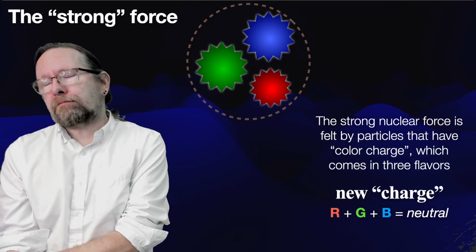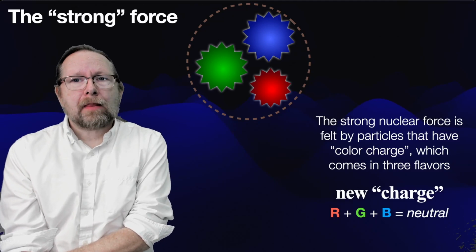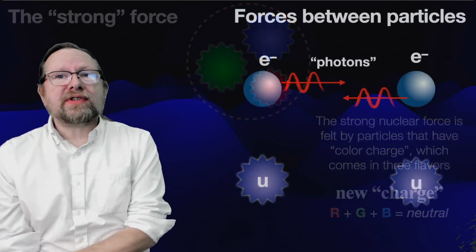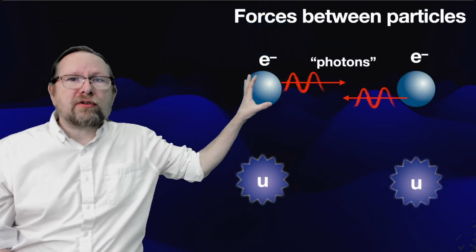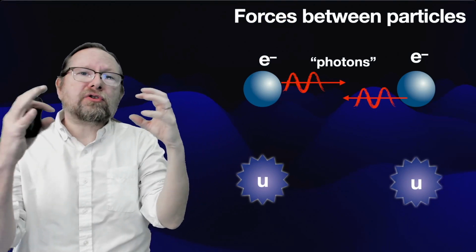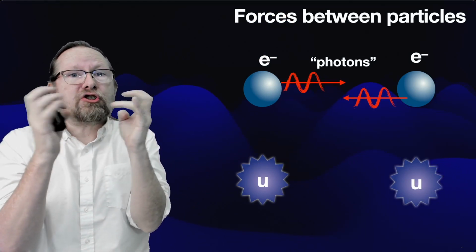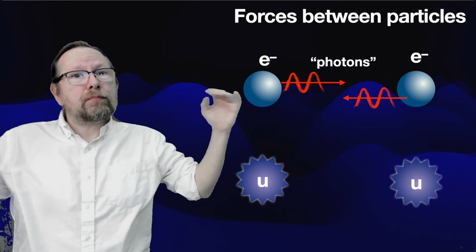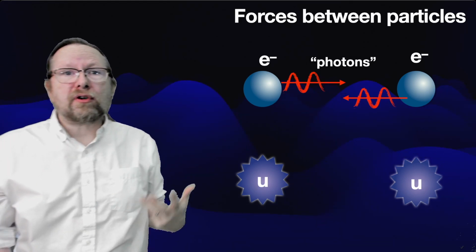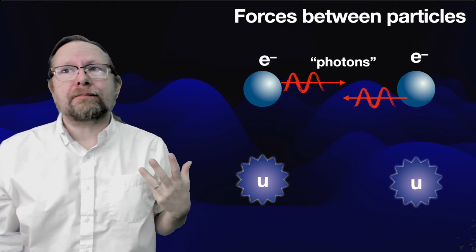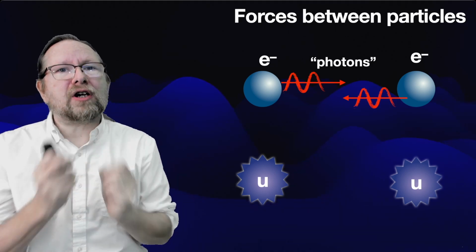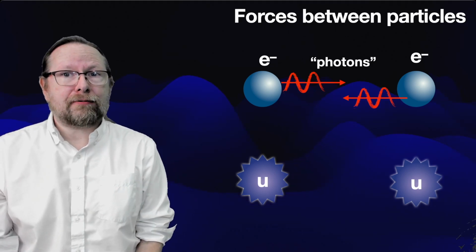Okay? Now, how does this force work? We said that for electrical attraction and repulsion, we can think of that repulsion between 2 electrons as being created by the exchange of particles that push the 2 electrons apart. And those particles are photons of light, quanta, individual chunks of energy of the electromagnetic field.